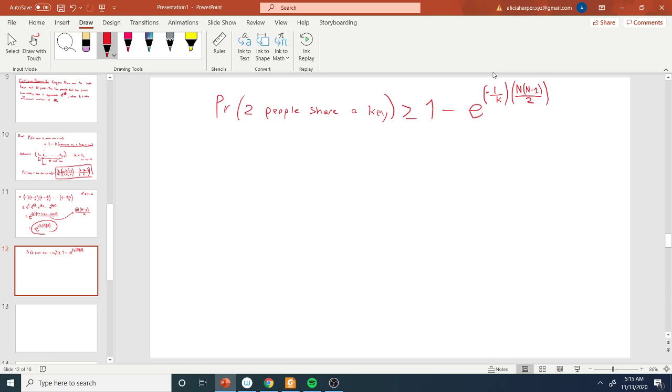And in fact, we usually go a little bit further and we say that this quantity right here is in fact approximately 1 minus e to the negative n squared divided by 2k. And this quantity right here is very close to this one, so we don't usually worry too much about it. And this gives us the collision theorem that we were interested in.